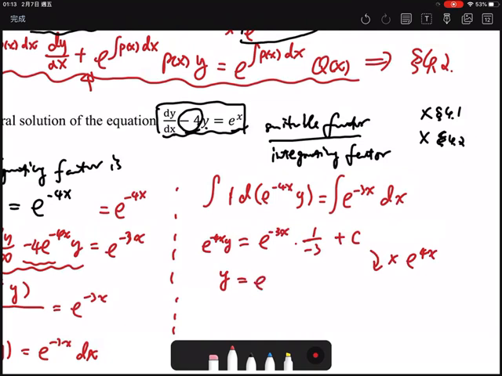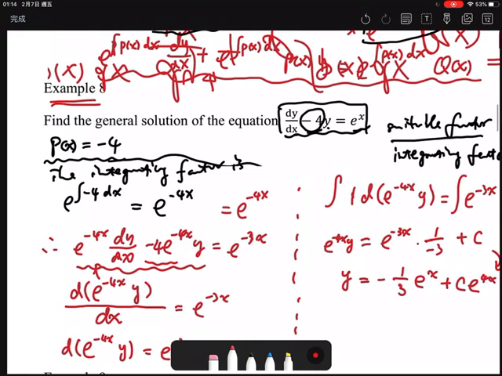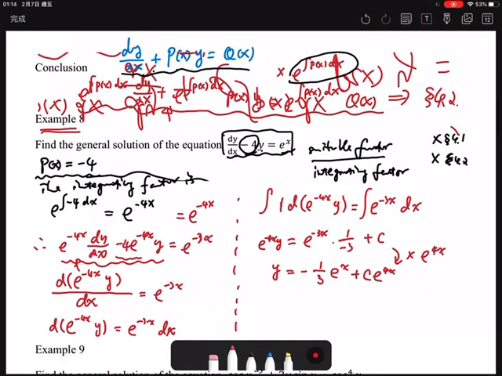So we can get y equals negative 1 over 3 e to the power of x, and then plus c times e to the power of 4x, okay. So this is the solution of example 8, okay.